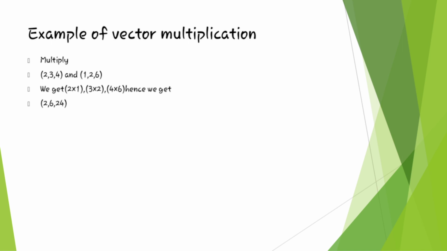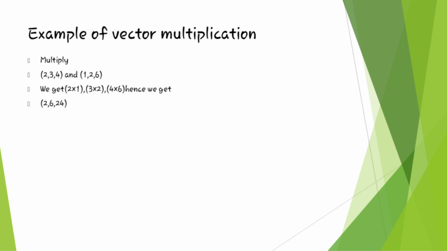We can also reconsider when given a certain example, such as the i, j, k notation of vectors. Then we'll multiply each value by its partner. In case of i, you multiply with the other i of the same coordinate. So in this case, we shall get 2 multiplied by 1, that is 2. 3 multiplied by 2, that is 6.